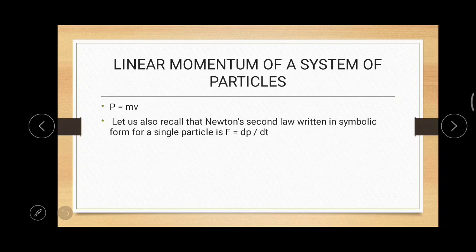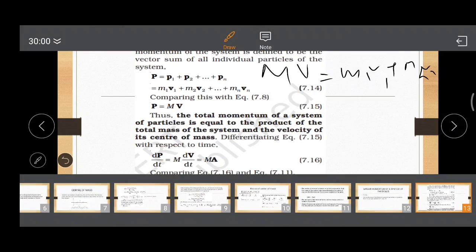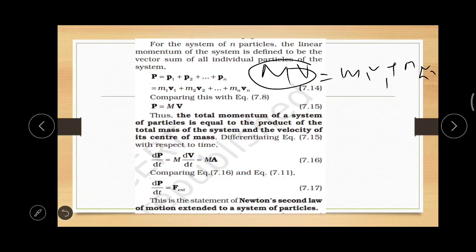Now, linear momentum of a system of particles. You know that P is equal to M into V, and from Newton's second law of motion, F is equal to dP by dt. We have already seen that MV, the capital M into V, is equal to m1 v1 plus m2 v2 plus likewise, where mass into velocity is the momentum.